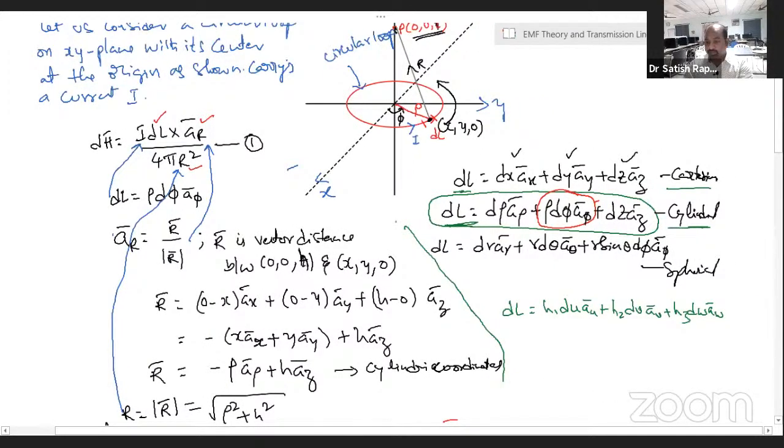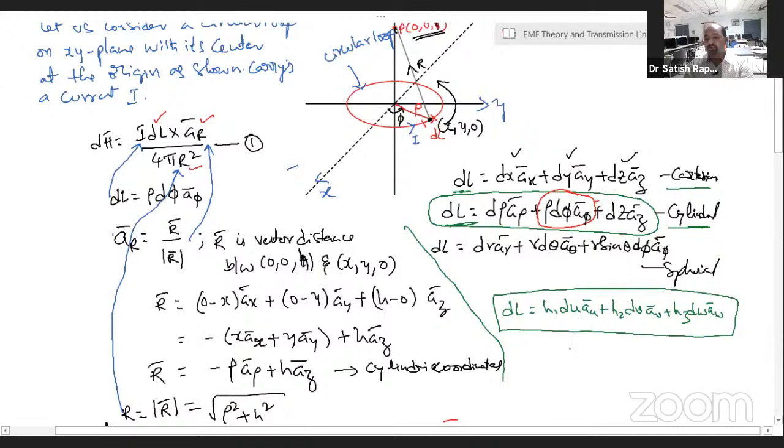This is the general form. You can remember this one, right? Because you know what h1, h2, h3 and u, v, w are. So from this shortcut method, by substituting h1, h2, h3, u, v, w, you can get whatever form you want.